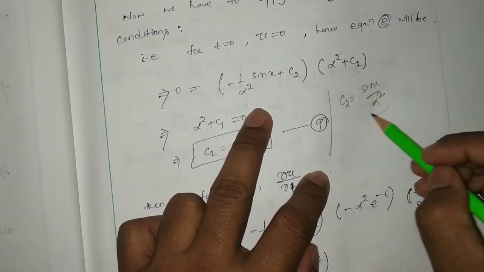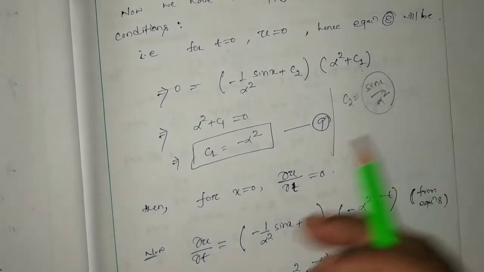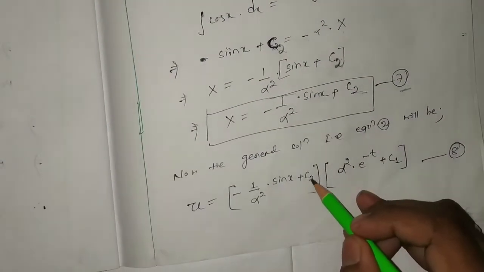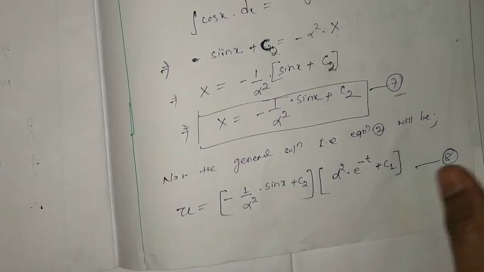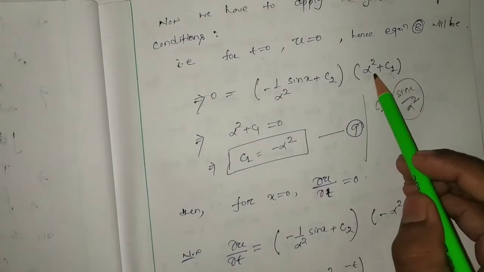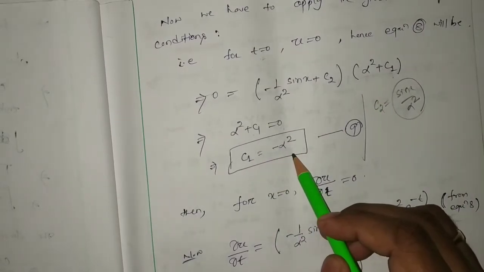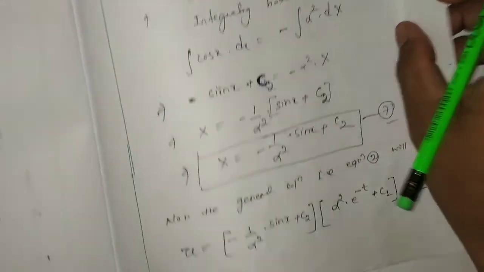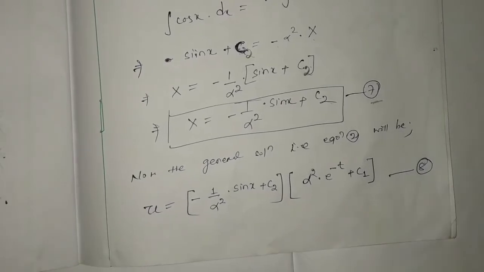If I put this value in our original equation, then u will be 0. So only for that we consider this value equal to 0, hence c1 will be minus alpha square, so the whole function does not become 0.